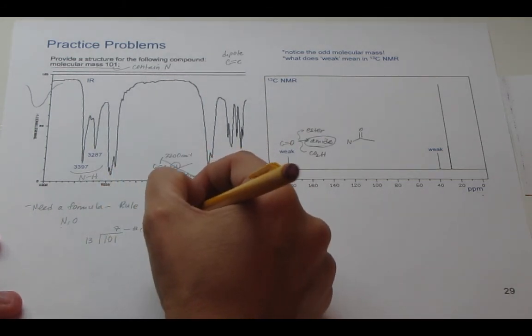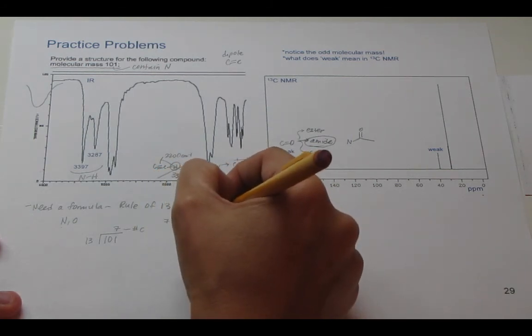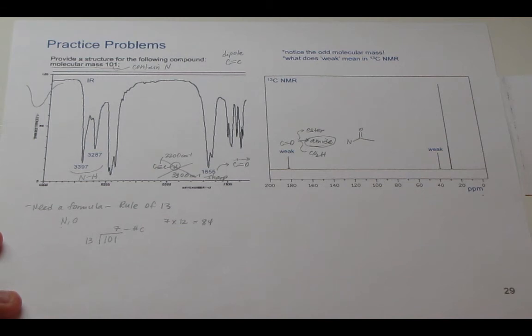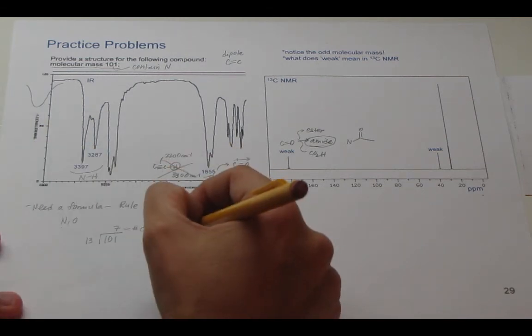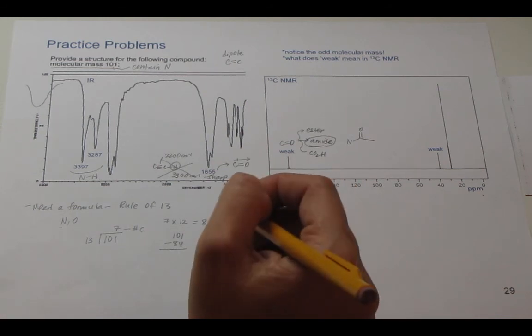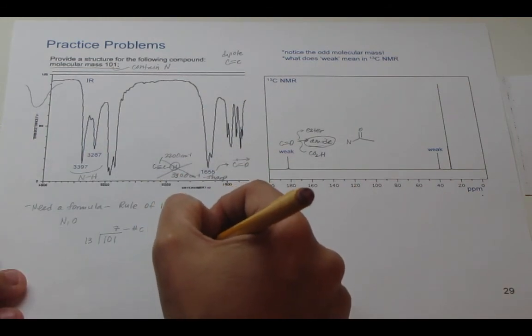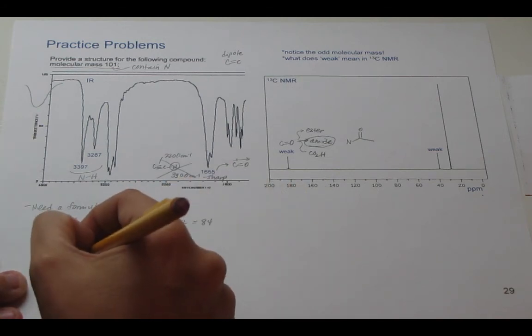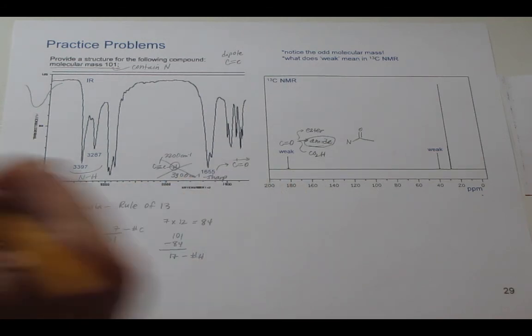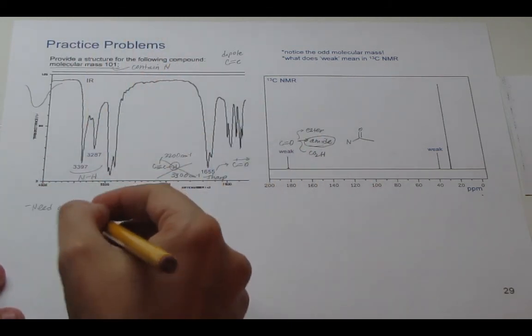Carbon contributes 7 times 12, because this is the main isotope of carbon. It contributes 84 to the weight. And so to find the remainder, we subtract 84 from 101 and we get 17. And this is the number of hydrogens. And so we have C7H17 as our formula.